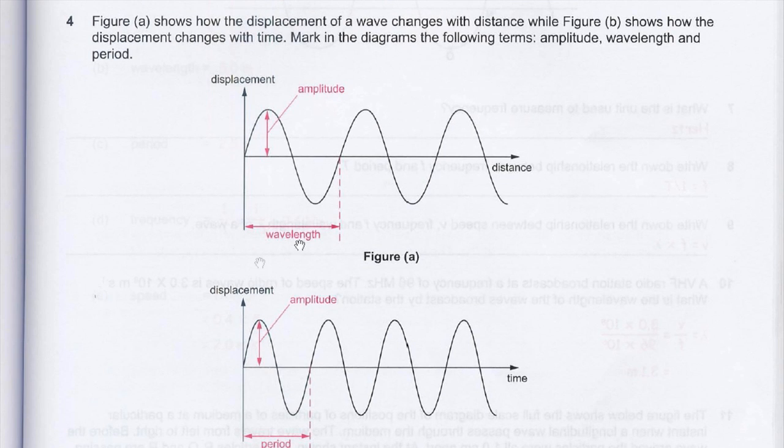In question 4, the question says, figure A shows how the displacement of a wave changes with distance, while figure B shows how the displacement changes with time. So these are two different types of graphs. Mark in the diagram the following terms: amplitude, wavelength, and period.